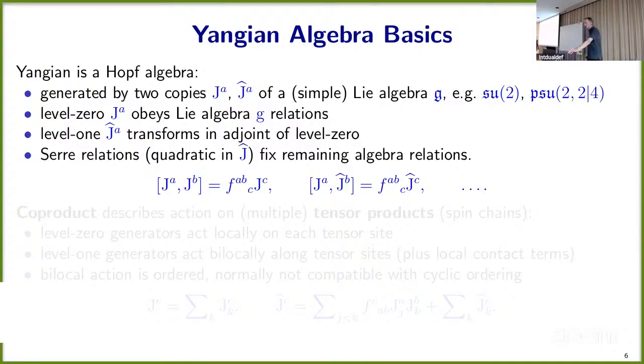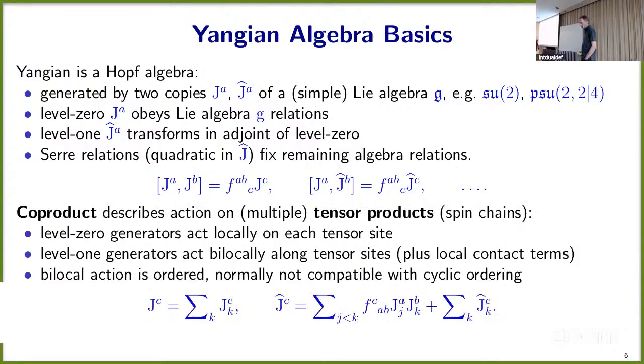And the level 1 transforms in the adjoint of the level 0, so it behaves much like it, but it also obeys certain relations. These are just the ordinary transformation rules for level 0. These are the level 1 adjoint transformation rules, and then there are some Serre relations which I don't really need to go into here, but they constrain this algebra and reduce it to the smallest part of it.